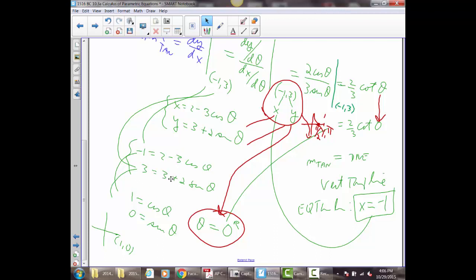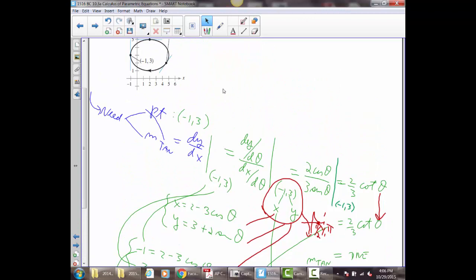These 3's cancel, and you're left with 0 equals 2 sine theta, which means sine theta equals 0, which means the angle theta equals 0 radians. And that's where I got this 0 right here. And then I have the cotangent of 0. Well, the cotangent of 0 doesn't exist. So therefore, the slope of the tangent line doesn't exist, which means it's a vertical tangent line. And its equation, of course, is x equals -1.